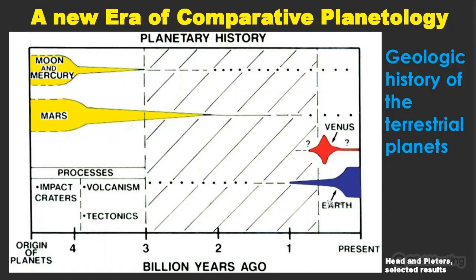And the initial processes like impact cratering, volcanism, and tectonics, if we want to study how these processes were influencing the initial time of the evolution of planets, what we actually need to look at is the Moon, Mercury, and Mars, because these are the bodies which have information saved or preserved on the surface for a very initial time.